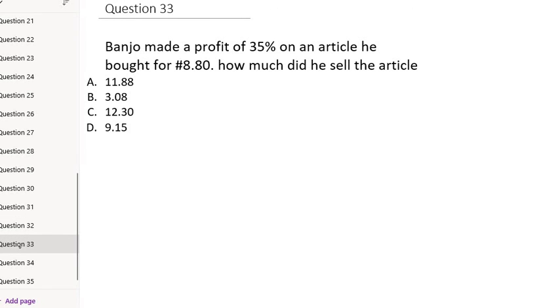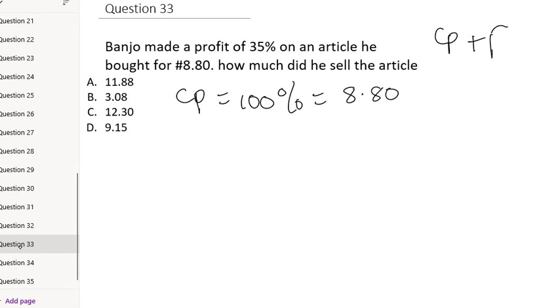Question 33. Banju made a profit of 35% on an article he bought. So cost price is always 100%, and the cost price here is 8 naira 80 kobo. How much did he sell the article? Since he made profit, percentage selling price will be cost price plus profit. 100 plus 35 will give me 135% equals selling price.